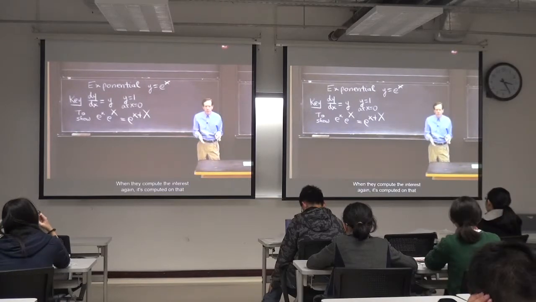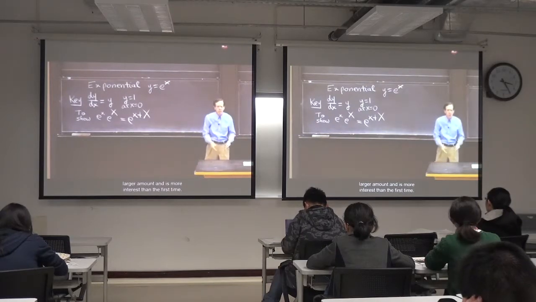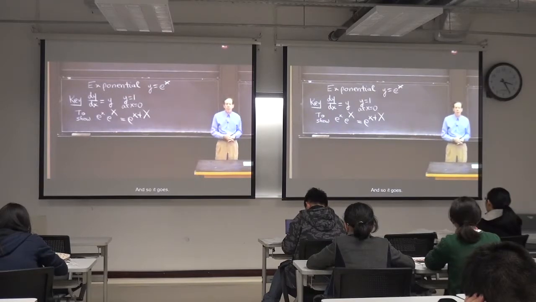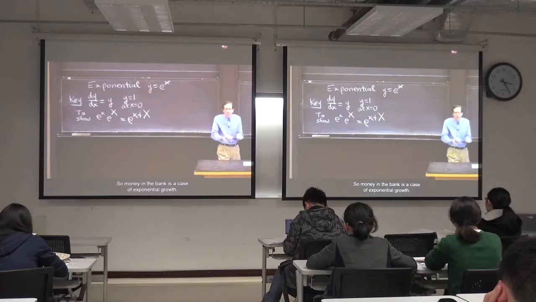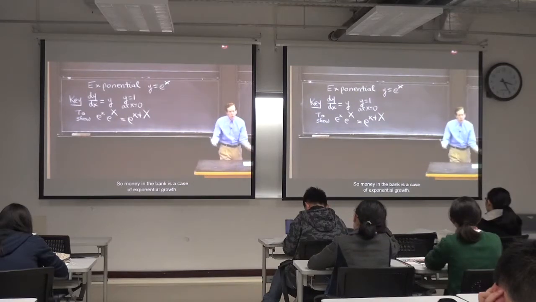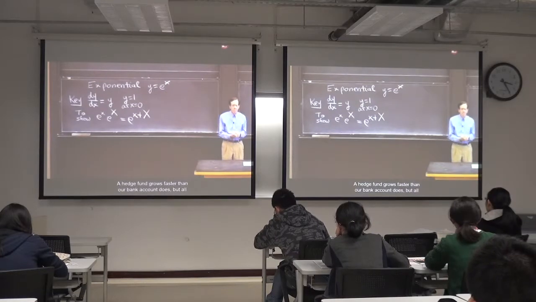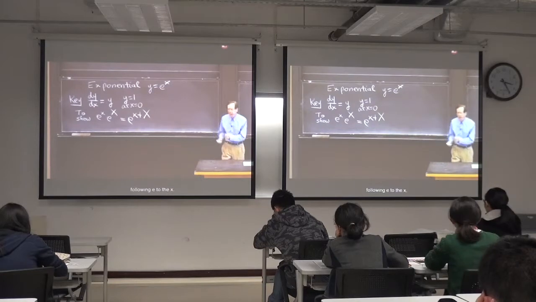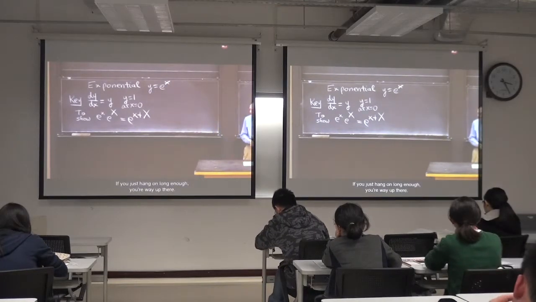When they compute the interest again, it's computed on that larger amount and is more interest than the first time. And so it goes. So money in a bank is a case of exponential growth. I mean, a hedge fund grows faster than our bank account does, but all following e to the x. If you just hang on long enough, you're way up there.